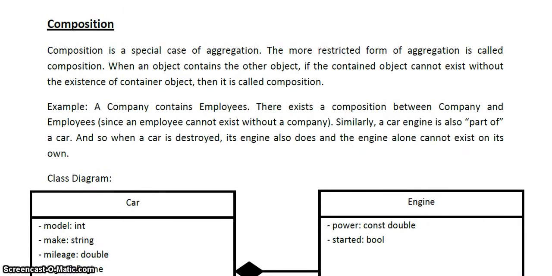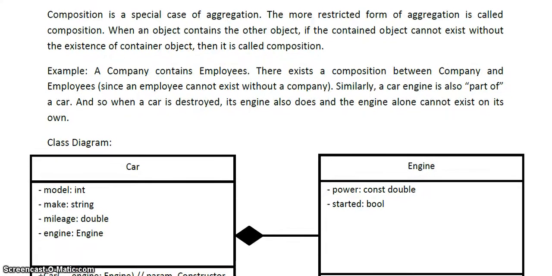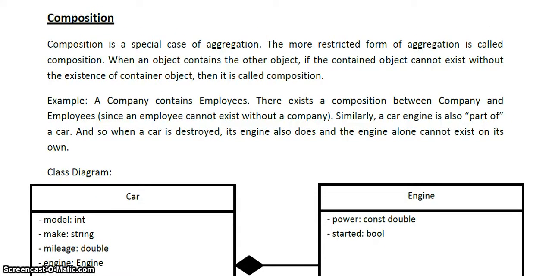Let's talk about composition. The strongest of all relationships is composition. In this case, the lifetime of each object is strongly related, and the ownership is also very strong. So there's an ownership relationship between the two classes, or between the two objects of each class, and secondly, the lifetime is also dependent. The lifetime of the components depends on the lifetime of the composite object.